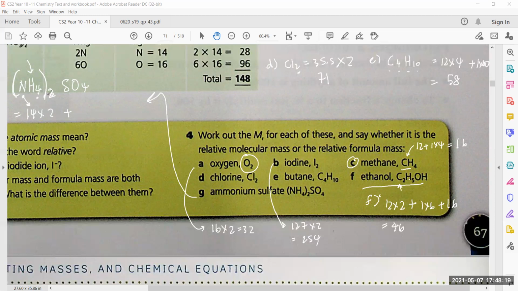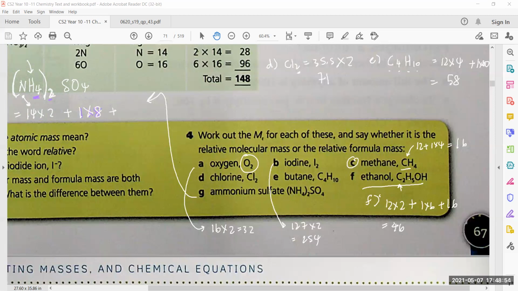And now hydrogen is 4 times 2. So how many hydrogen do we have? Okay, you have 4 times 2, so we have 8 hydrogen. Each hydrogen is 1, so 1 times 8.